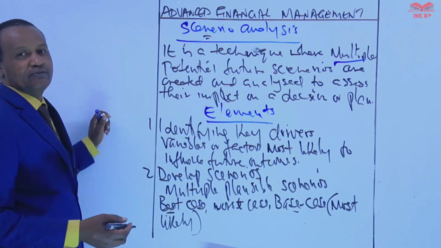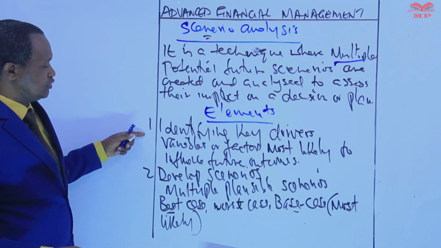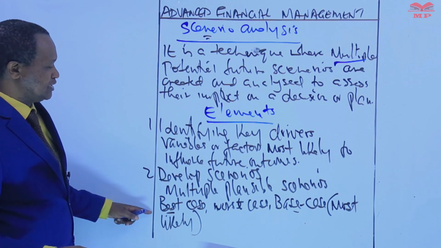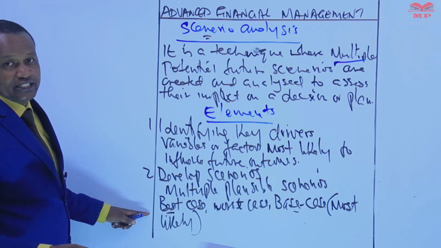You understand? So step number one is to identify the key drivers, then you develop scenarios. These are multiple plausible scenarios like the best case, the worst case, the most likely case.